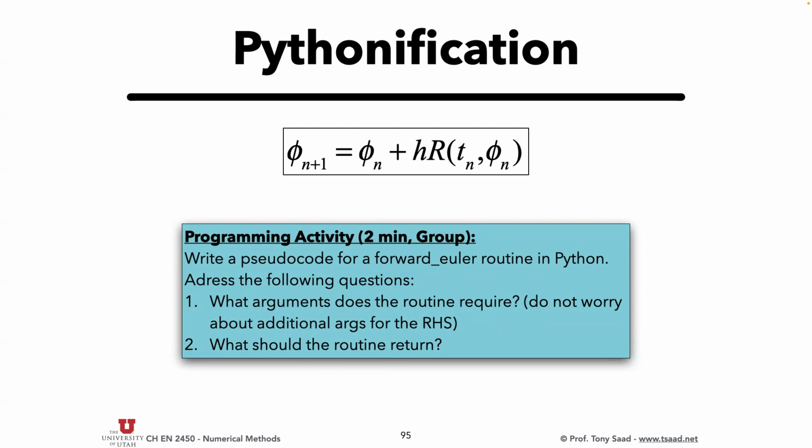We'll worry about that later, like we did with ODEint. Remember, we wanted to pass the advective heat transfer coefficient and the mass, etc. Don't worry about that. Just worry about, given an ODE, what arguments does a forward Euler routine need at a minimum? And what would your routine return?